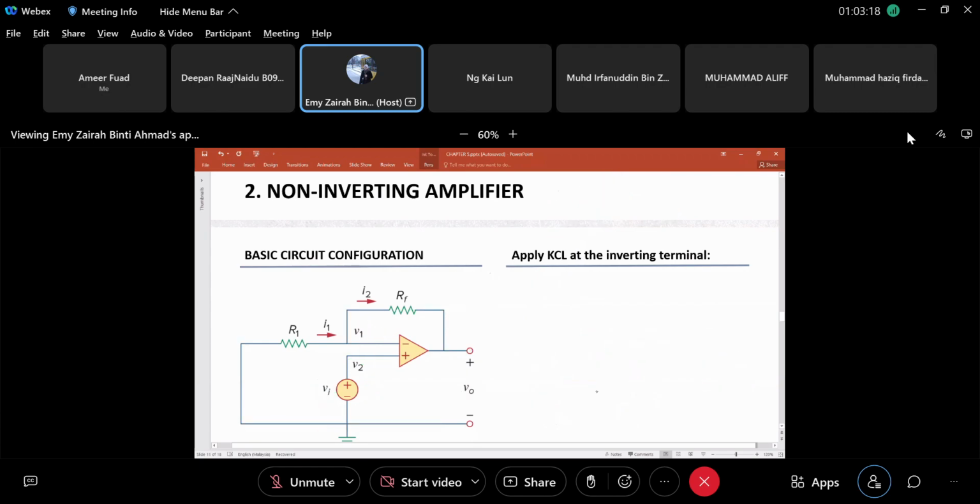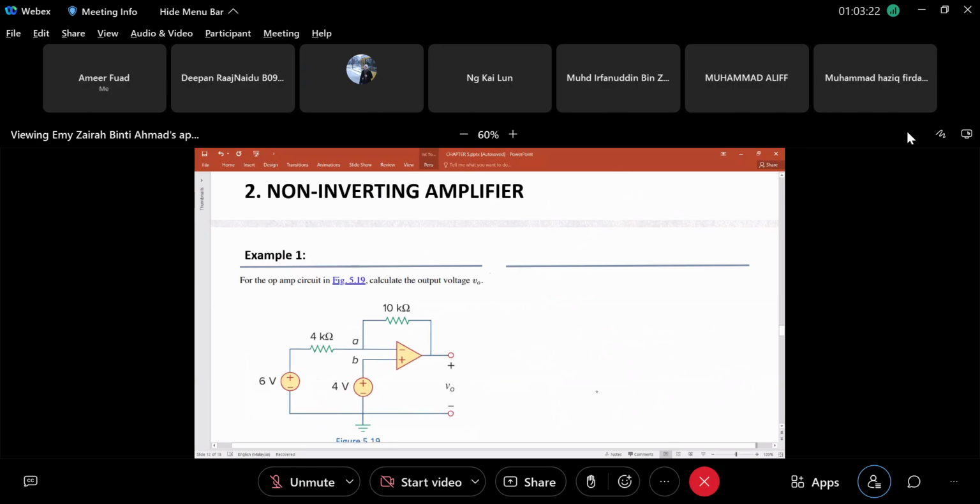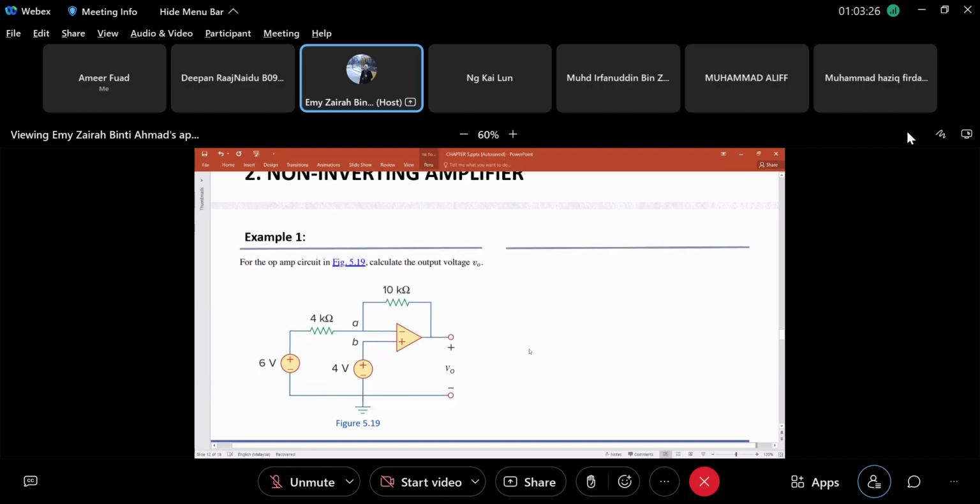Okay, next. Example, the first example. For the op-amp circuit in figure 5.19, calculate the output voltage.